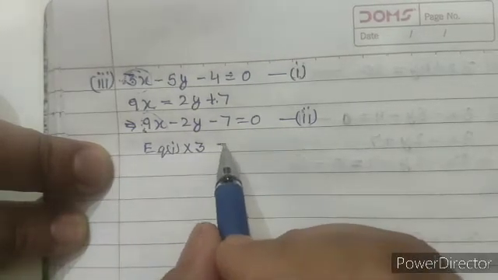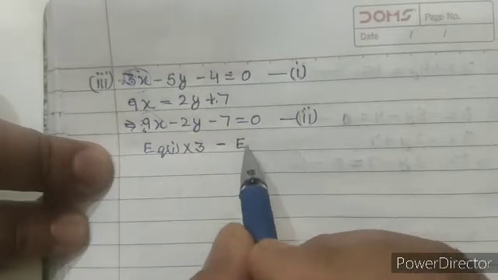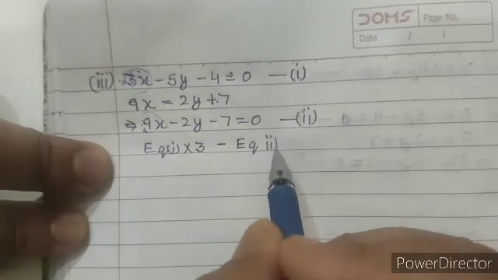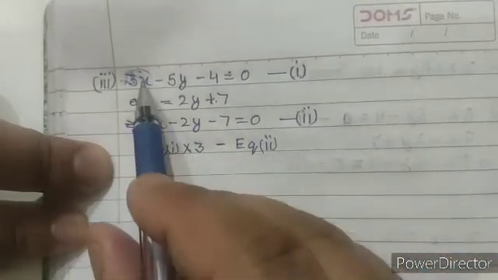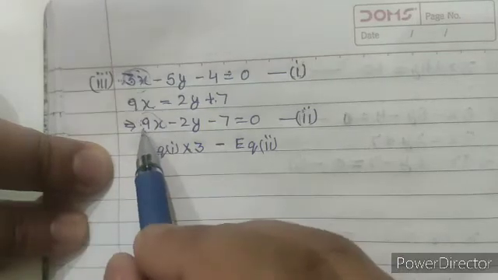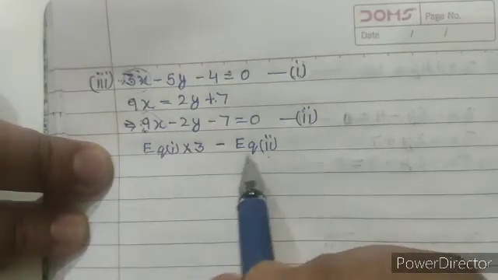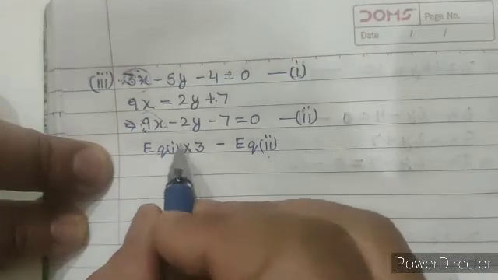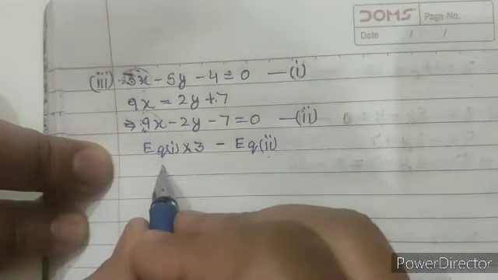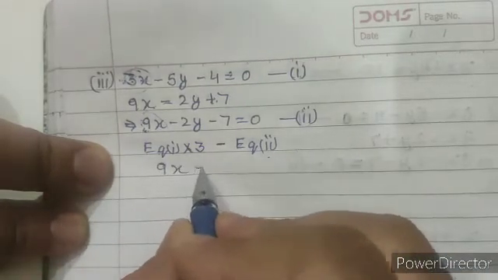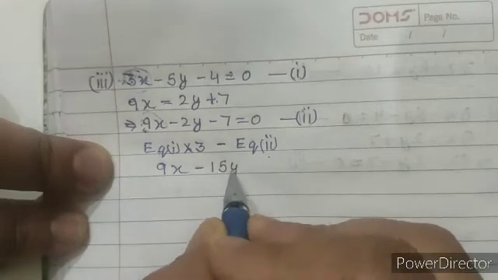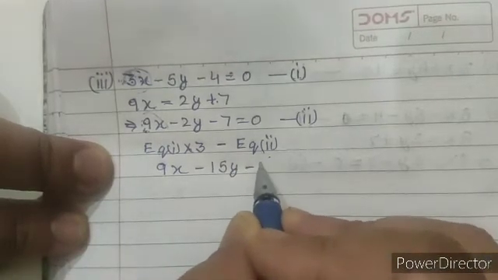So we will subtract these two equations. Now first of all we will multiply it by 3. 3 into 3 will be 9x minus 3 into 5 is 15y minus 3 into 4 will be 12.